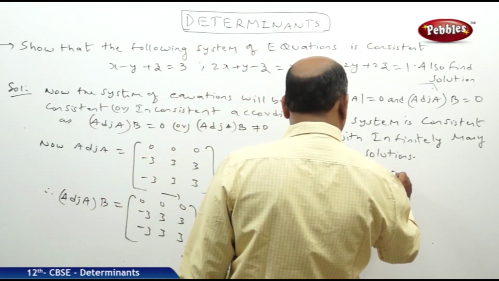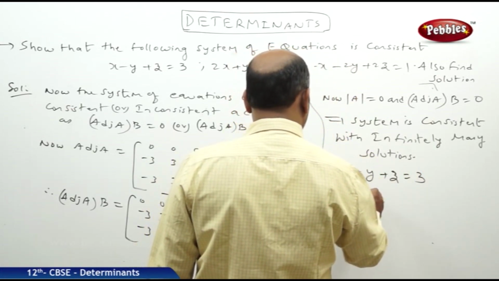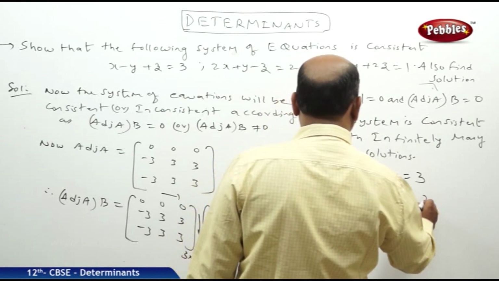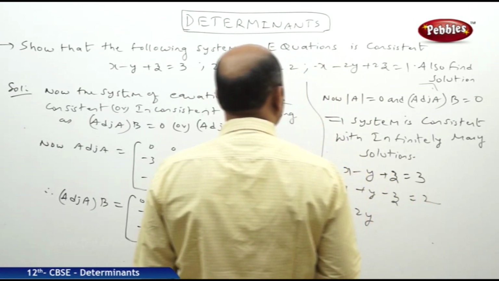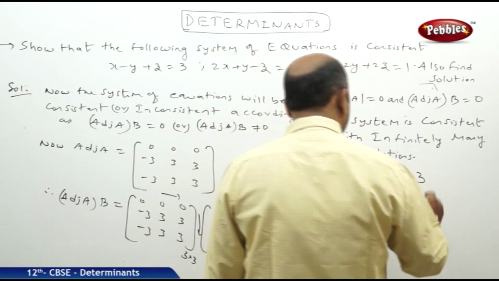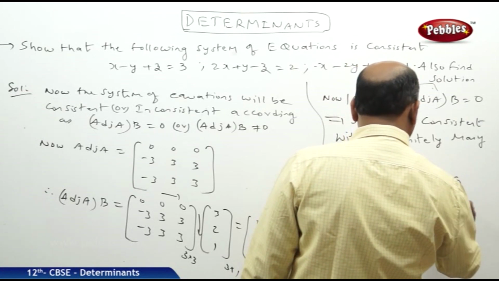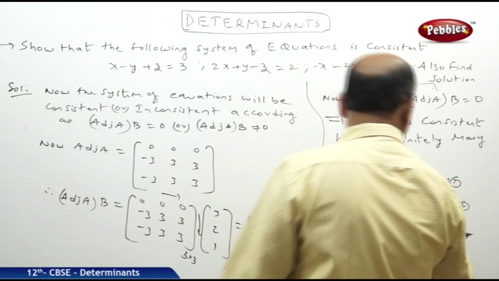x minus y plus z equal to 3, 2x plus y minus z equal to 2, and x minus 2y plus 2z equal to 1. I call this as 1, this as 2, and this as 3.